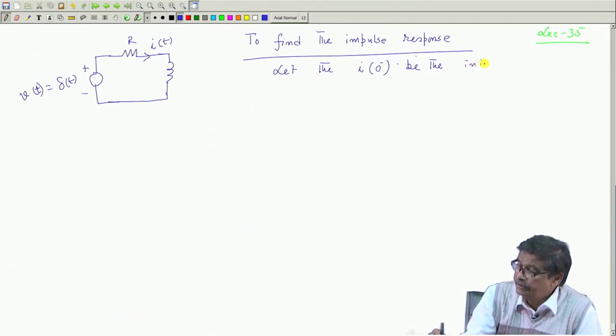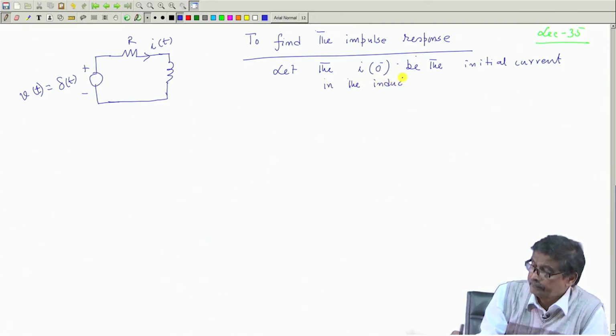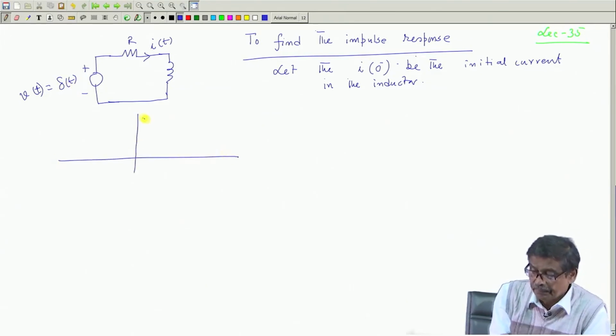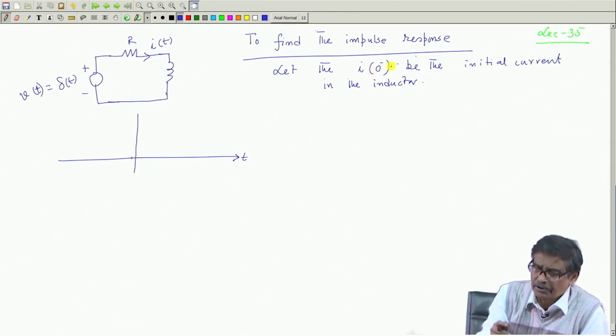Let it be the initial current in the inductor, in the circuit. At t equal to 0, you have impressed an impulse. For t less than 0 minus, the current was not 0 but I0 minus; something was flowing, because it might have been inherited from some other circuit.